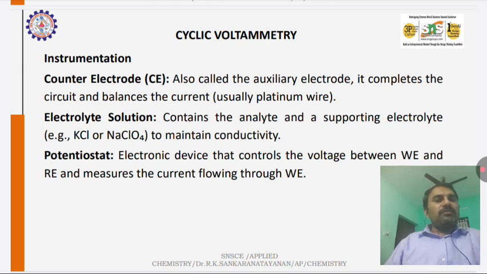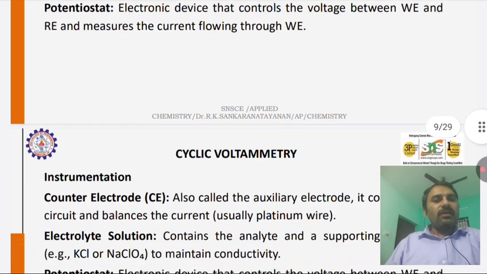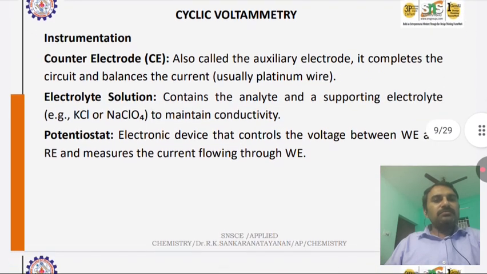That instrument is called a potentiostat or cyclic voltammeter. It is an electronic device that controls the voltage between the working electrode and reference electrode, and then measures the current flowing through the working electrode. This is the main concept.